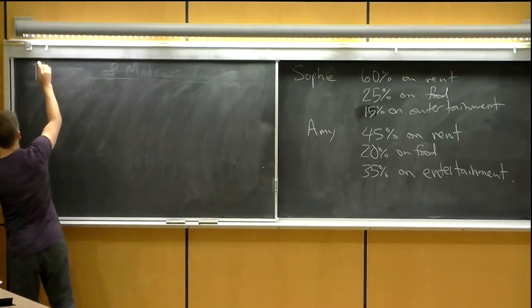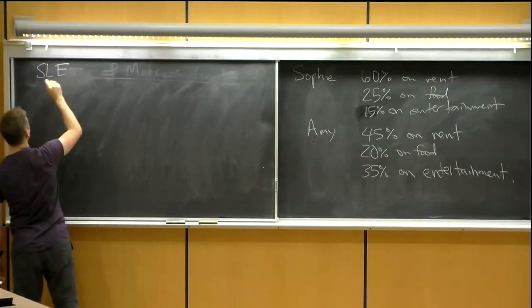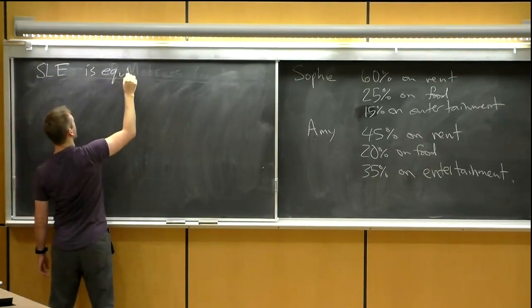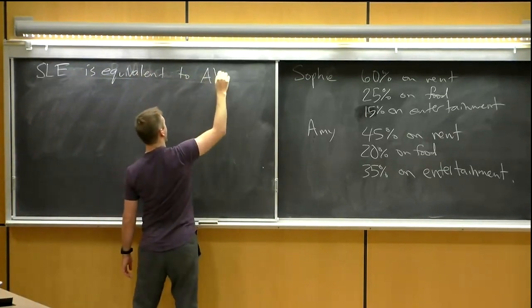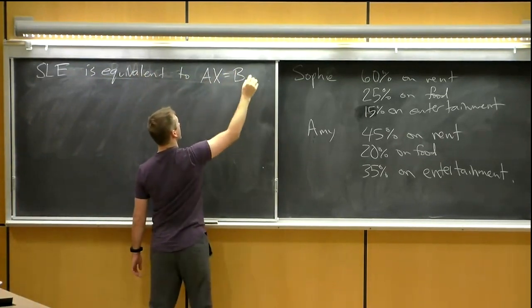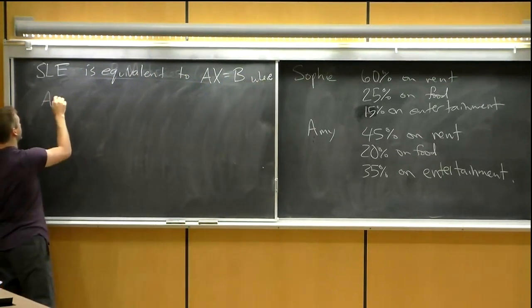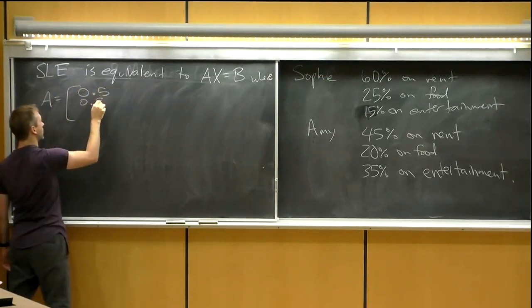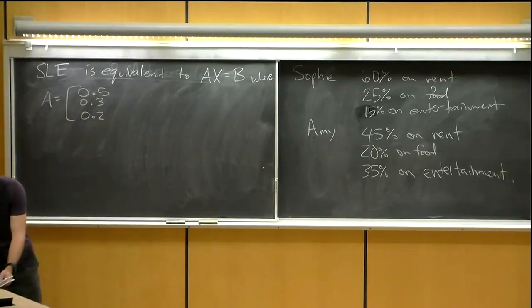So this SLE, the system of linear equations, is equivalent to AX equals B, where A is the coefficient matrix, which just basically contains the coefficients of these equations.